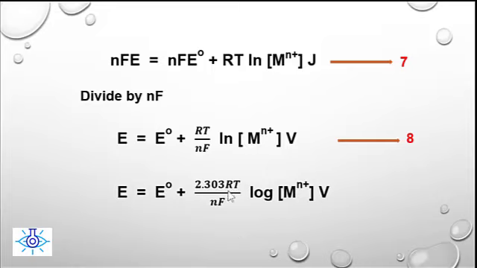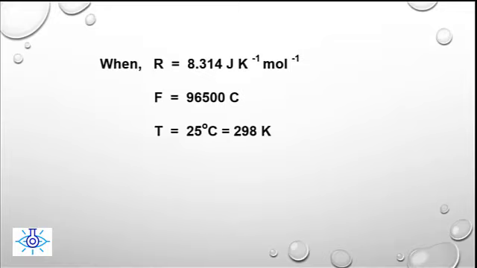Now R is the gas constant, T is the temperature, n is the number of electrons involved in the reaction, and F is the Faraday of electricity. This R, T and F are the same for all reactions, because the gas constant R has the value 8.314 joules per Kelvin per mole, F is the Faraday, which is 96,500 coulombs, and T, when the reaction takes place in standard conditions, is 25 degrees Celsius or 298 Kelvin.